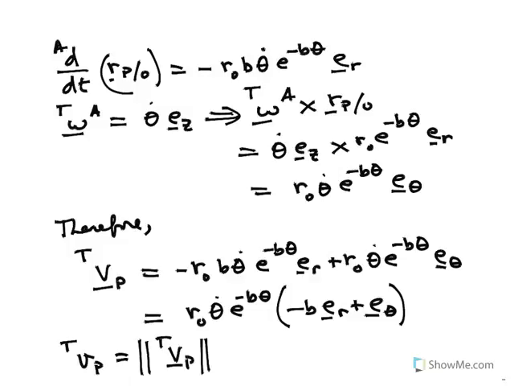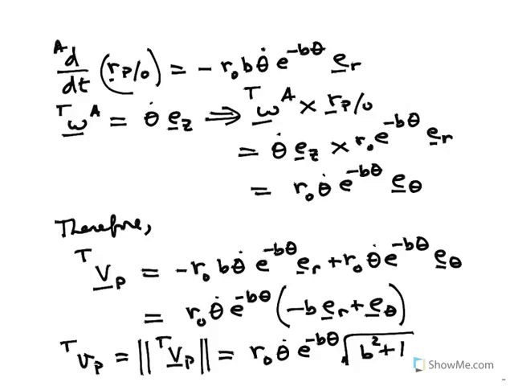Now, assuming theta dot is positive, because we just assume the angle theta is increasing, this becomes whatever's sitting out in front of this vector, which is R0 times theta dot times e to the minus b theta, times the magnitude of the vector that's in the parentheses, and that's equal to the square root of b squared plus 1.